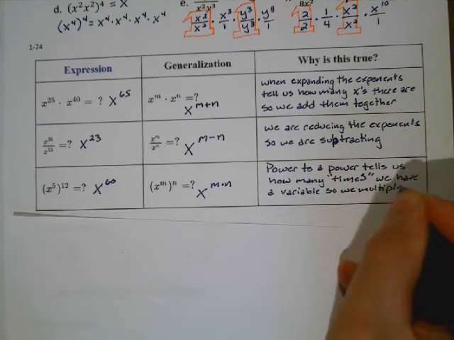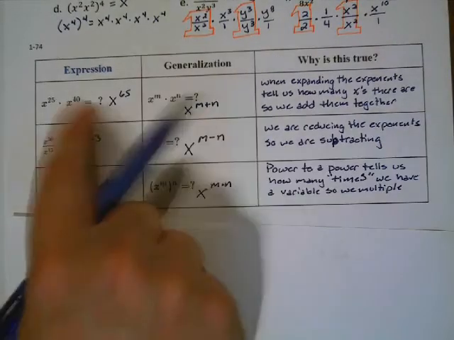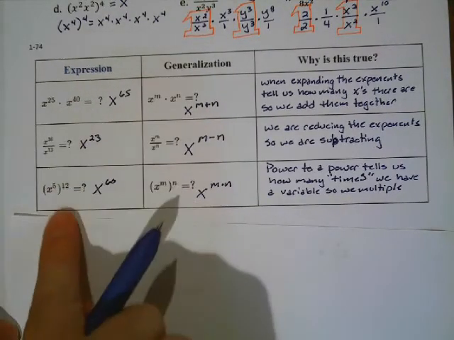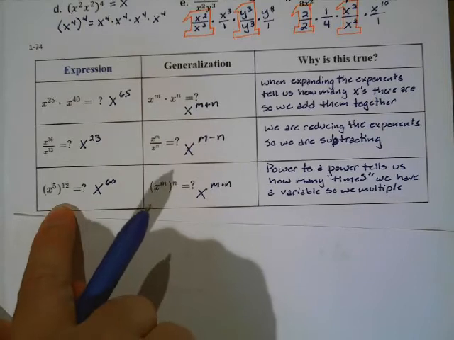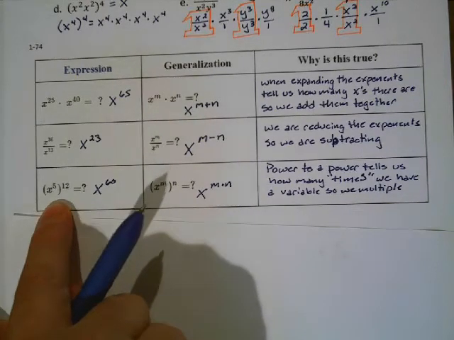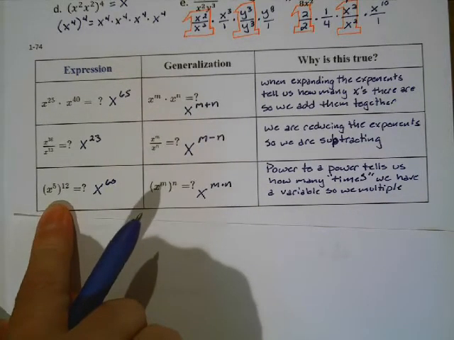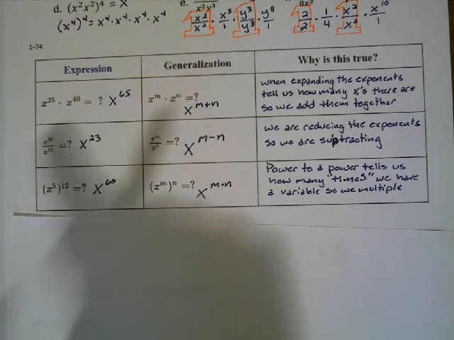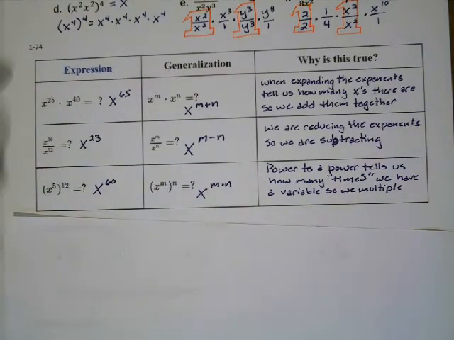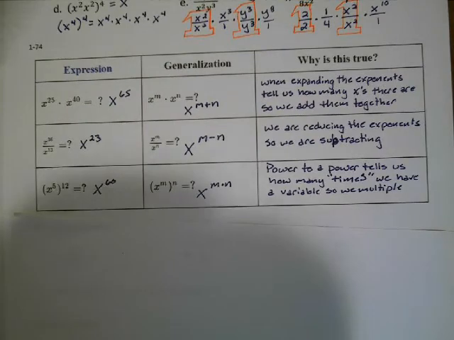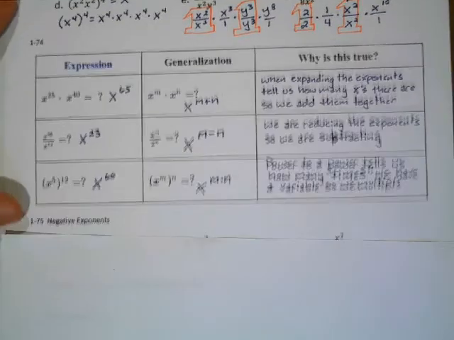Now the easiest one to get confused is multiplying and powers to a power. So at some point you'll probably be confused and not quite sure what to do. Expand it. If you ever get into a jam where you're not quite sure what to do, if you expand it, it should explain what you're doing.